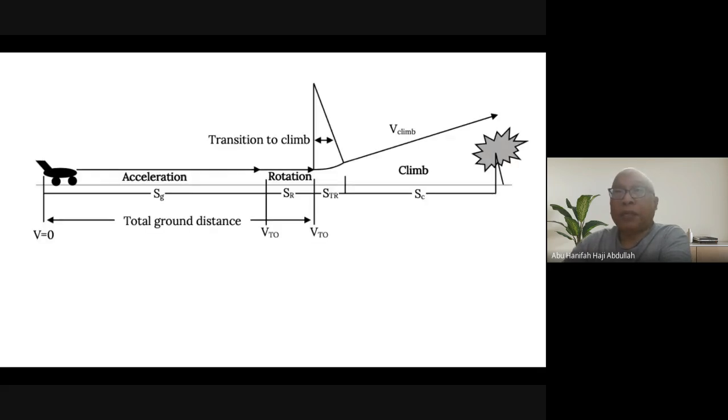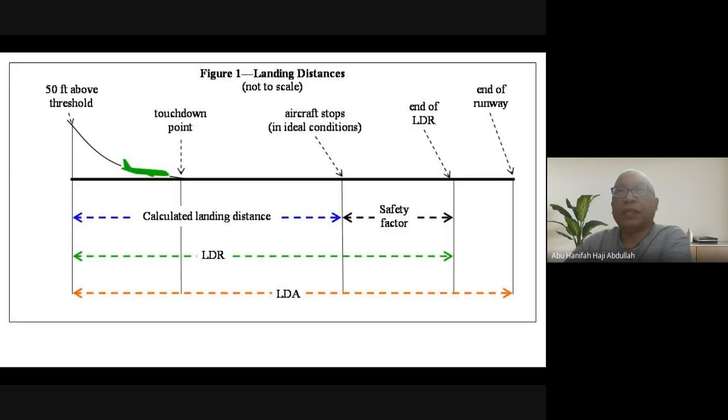So this one I showed you earlier. You accelerate, you rotate, you achieve V2, and then continue to climb. So here is the landing distance. Before you reach the runway, you have to clear the 50 feet threshold to the touchdown point. You need to achieve that, otherwise you will not be certified to land.